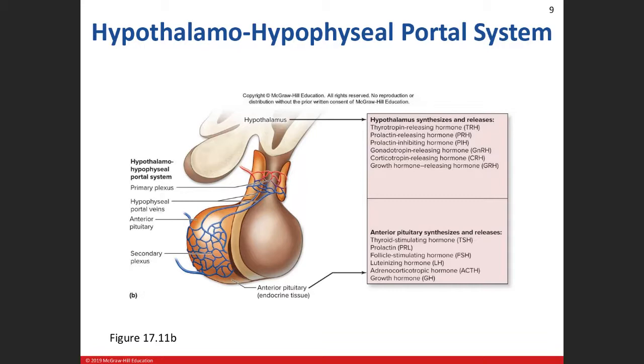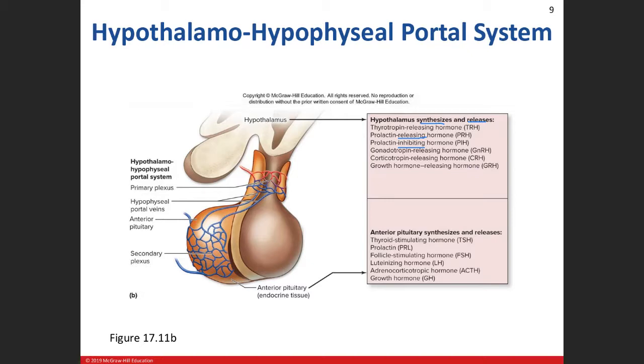If you take a look here, you can see a list of some of the hormones that the hypothalamus actually makes and releases. Thyrotropin releasing hormone, TRH, that's going to help us release thyroxine down the road. Prolactin releasing hormone, prolactin inhibiting hormone. Remember, there are two classifications of hormones released from the hypothalamus.